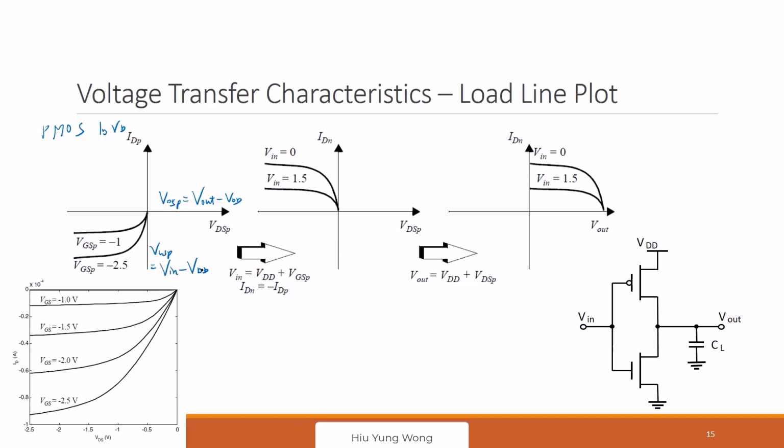So the first transformation is this. I want to change IDP to IDN. But I already told you what IDP is. IDP is just equal to negative IDN, correct? So all I need to do is just flip the curve. That is one thing.